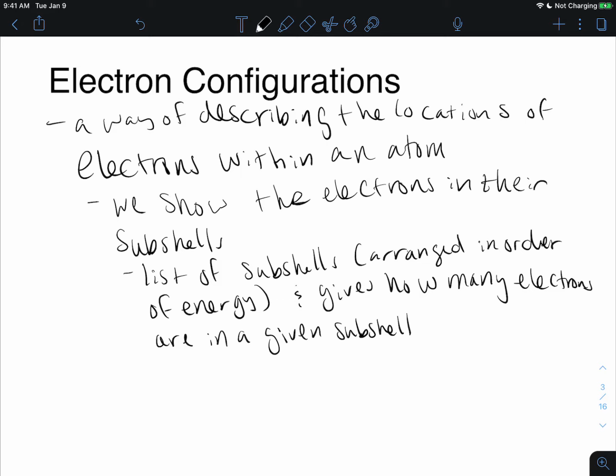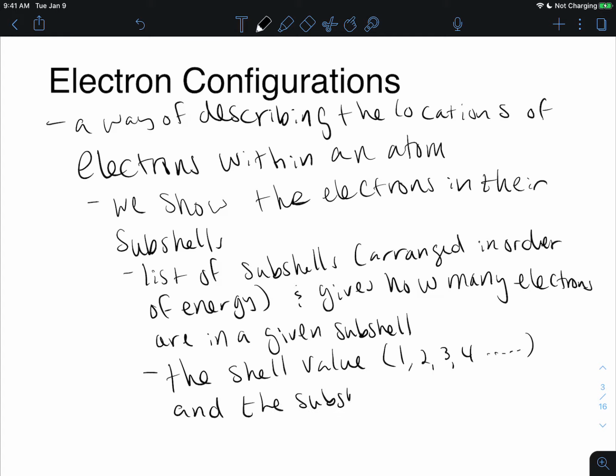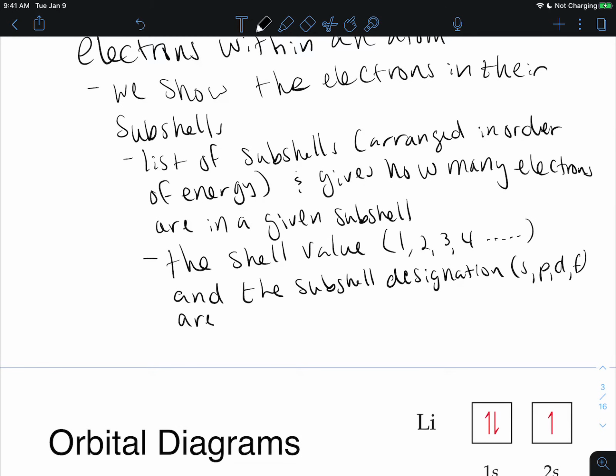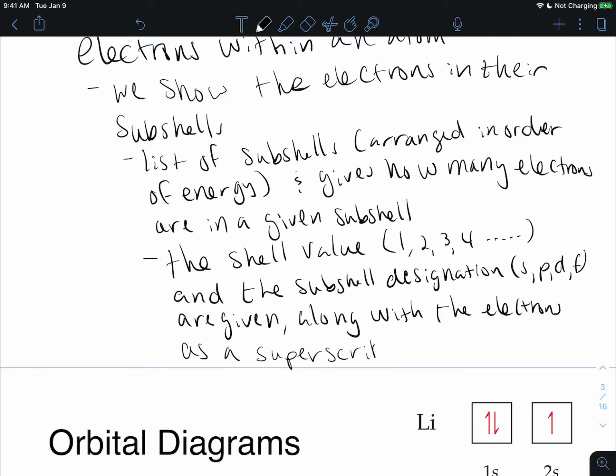Okay, so within our electron configuration, you're going to see the energy level value, 1, 2, 3, 4, and so on, and the subshell designation S, P, D, or F. So the shell value, 1, 2, 3, 4, etc., and the subshell designation, S, P, D, F, are given along with the electrons as a superscript value.